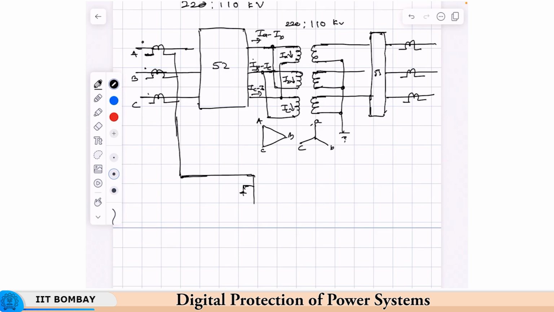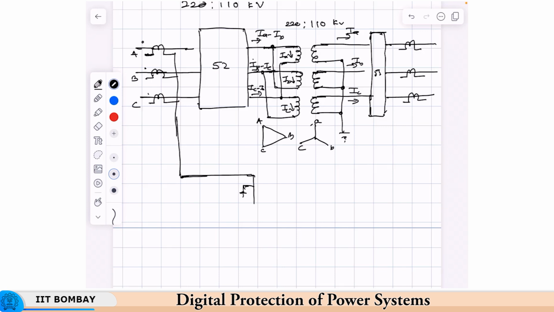If these are in star, then we will have IA minus IB, IB minus IC and IC minus IA in the operating coils of these also. Here, on the other hand, we have IA, IB and IC, because these are in star. The main transformer windings are in star.